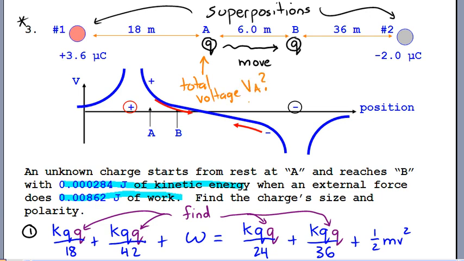Find the voltage from that pink 3.6 microcoulomb charge, find the voltage from that gray -2, and add the two voltages together. Include any negatives, but straight up add the numbers. And then go and find the total voltage here. And then just subtract them. Just take that final voltage and subtract the initial voltage. And it could be a shortcut for trying to work through this question.